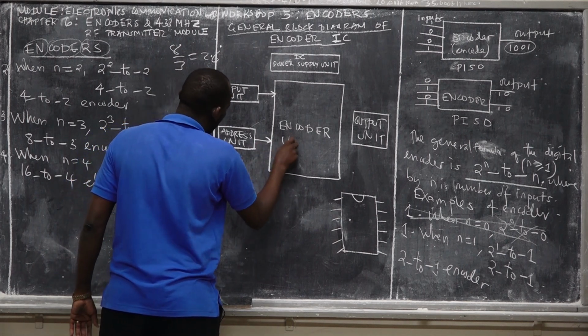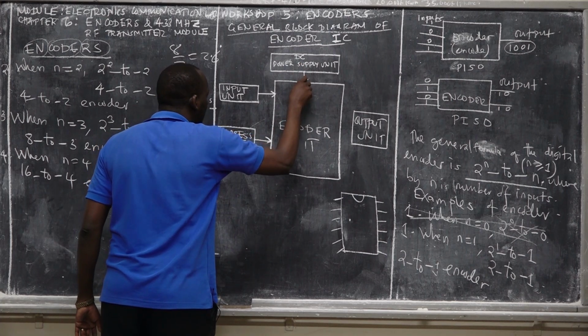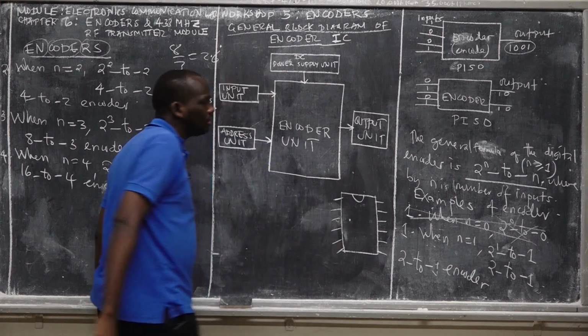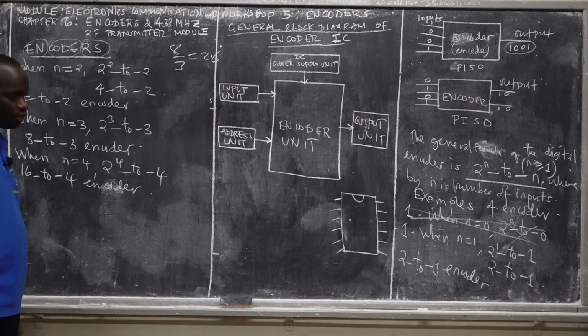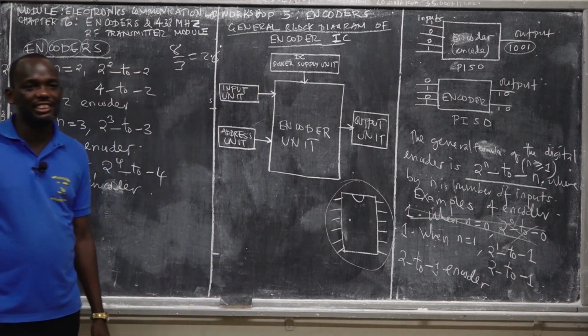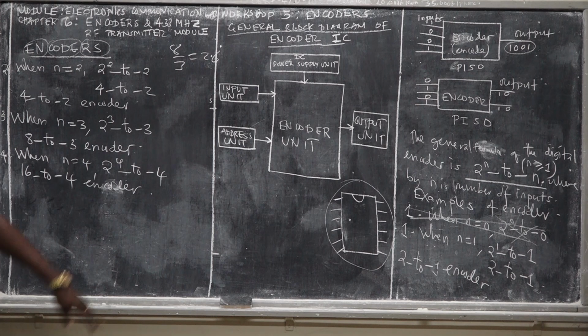This is the encoder unit, and for the power supply, we just need it for the encoder. And then we have the output unit. So what we have done is open the encoder integrated circuit and come up with those 5 blocks. Quickly, please.